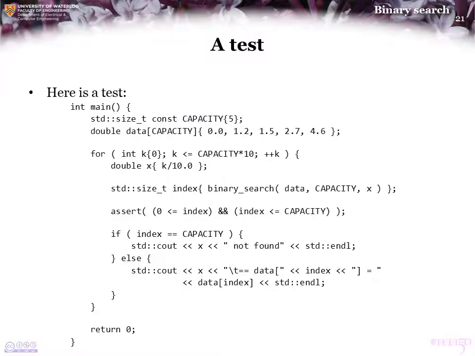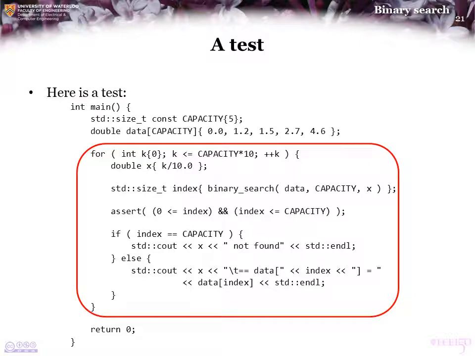Now, here is a test that you could run to see whether or not the binary search function works correctly. So what I've done here is I've created an array of capacity 5 that contains the entries 0, 1.2, 1.5, 2.7, and 4.6.